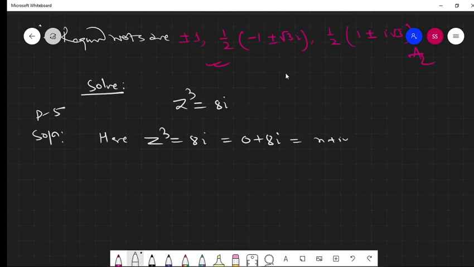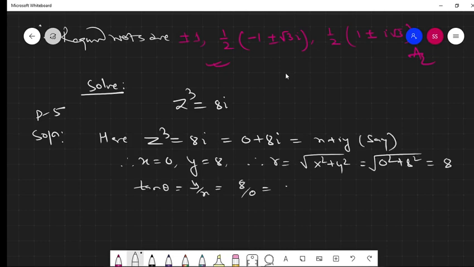Then x equal to 0, y equal to 8, therefore r equals root under x squared plus y squared, equal to root of 0 squared plus 8 squared, equal to 8. Tan theta equals y over x, equal to 8 over 0, equal to infinity, that's why theta equals 90 degrees, both are positive.